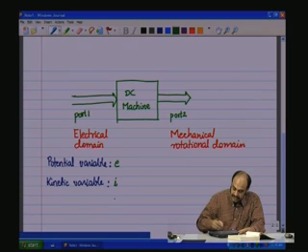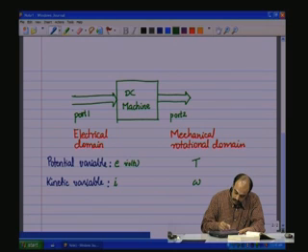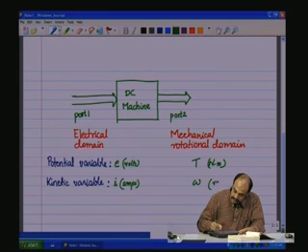The product is going to be watts, and the potential variable on this side is torque in Newton meter and omega in radians per second. So, this is volts, this is amps, this is torque in Newton meter, and this is radian per second.